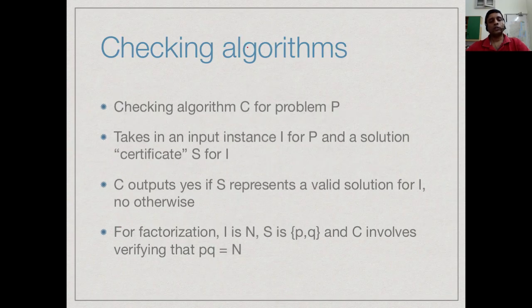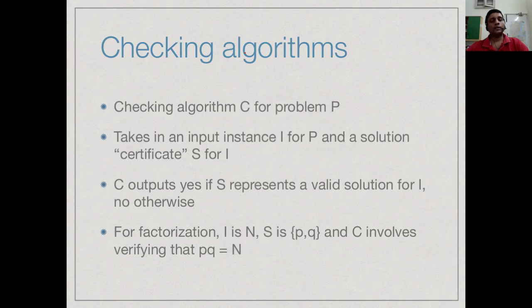So this gives us a notion of a checking algorithm, right? If I have a problem, I can say that I have a checking algorithm if for every instance, I can take a solution to that instance and quickly verify whether or not that solution is actually a valid one. So a checking algorithm takes an input for the problem, a solution which is maybe not just the solution but solution plus some extra information, and then it determines whether or not this is a valid solution.